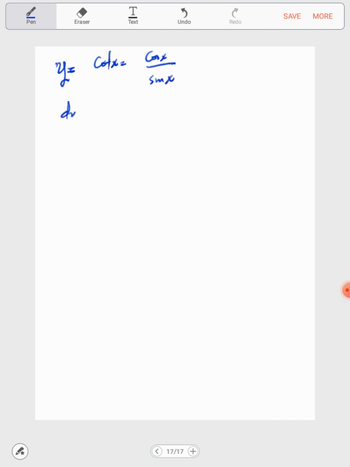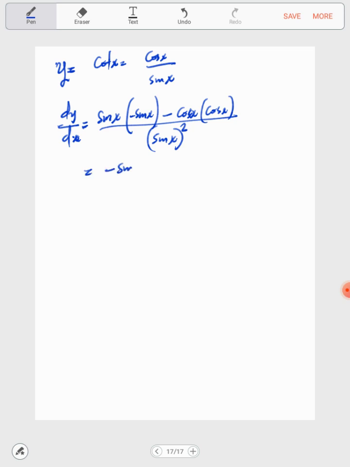Again, dy/dx will be equal to g of x, which is sin x, multiplying the derivative of f of x, which is negative sin x, then minus g of x... rather minus f of x, which is cos x, multiplying the derivative of the denominator, g of x, so we have that as cos x. Dividing sin x all squared, and that's negative sin square x, negative cos square x, dividing sin square x.